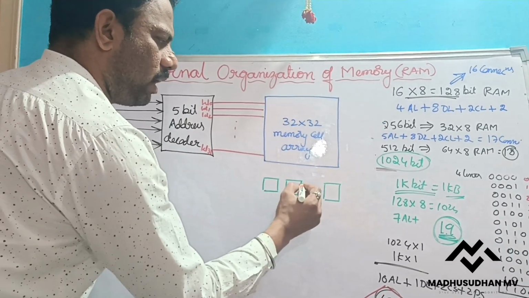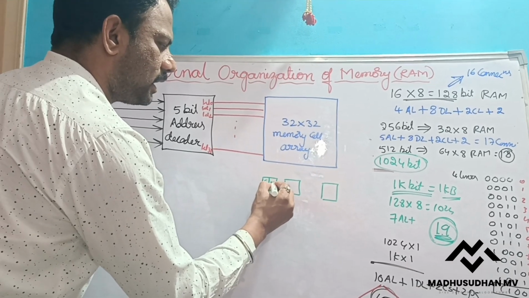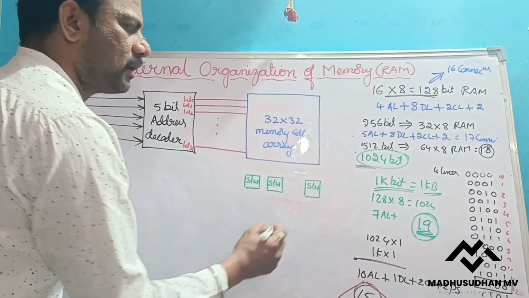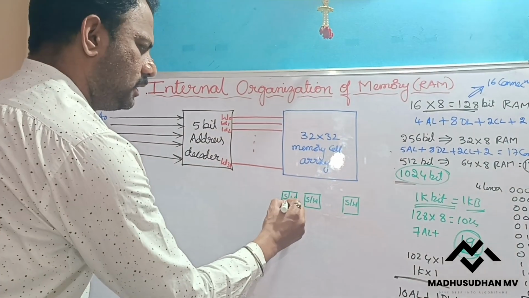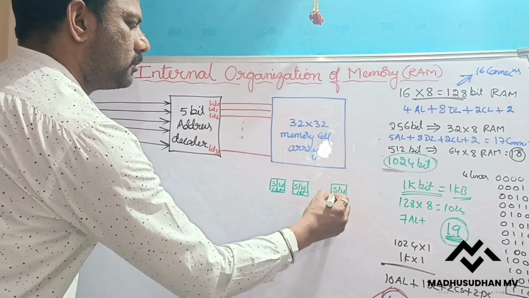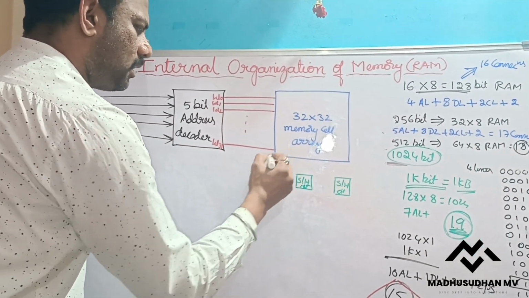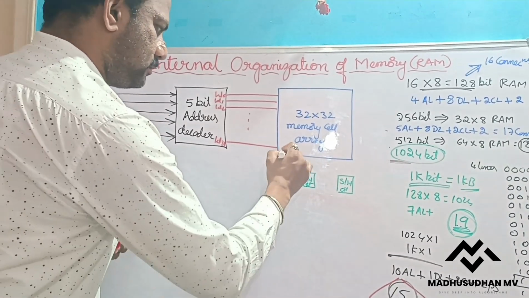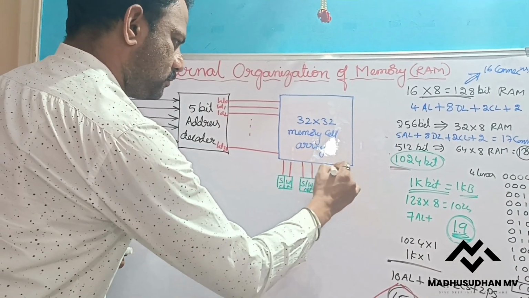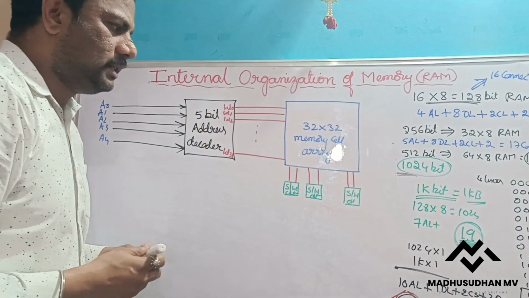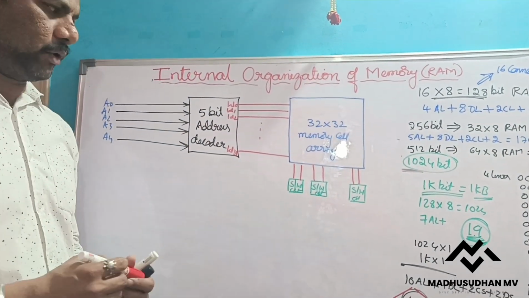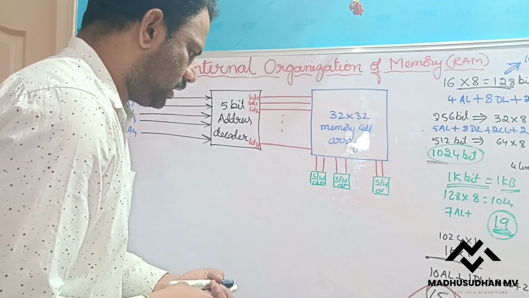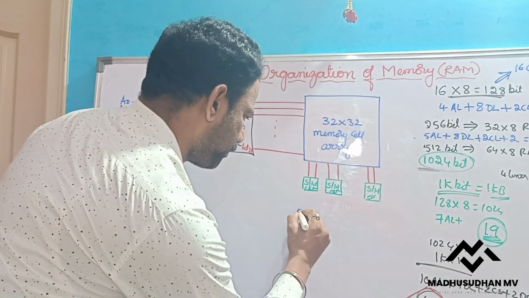These are my sense or write circuits, whatever I used in the previous one. These are connected here. Now this is connected to my data output. So now I am having my data input output.